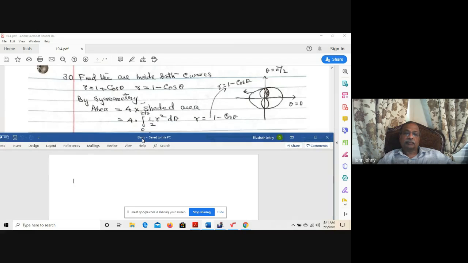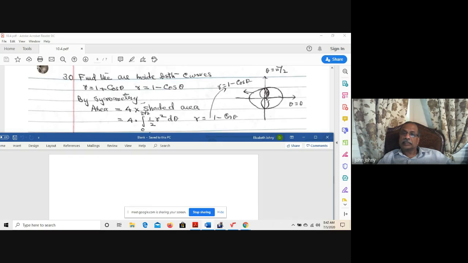That is 4 times the integral from 0 to pi over 2 of 1/2 times r squared d theta. And see this is the curve. It is bounded by only one curve. Even though both of them are given there, the shaded area is bounded by only one curve and the y-axis.